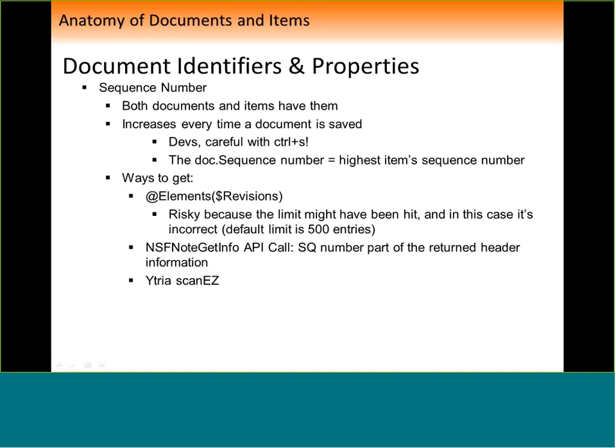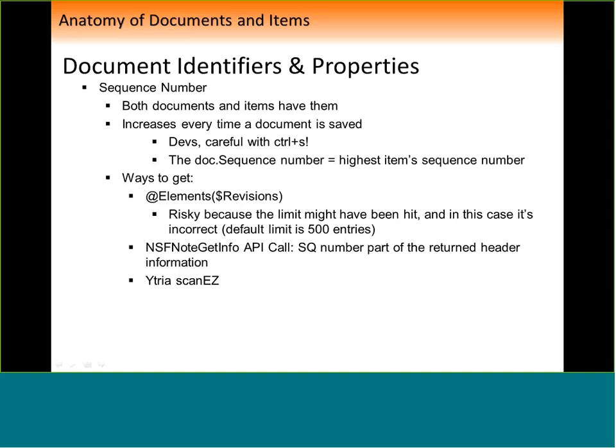Now, how do you get the sequence number information from documents? You can use @Element to look at the $Revisions field, but this can be a little risky because the $Revisions item, and we're going to talk about this a bit later, is limited to 500 entries by default, but you can also set up a database-level limit here, which means there are not going to be any more entries than, for example, 500 by default.